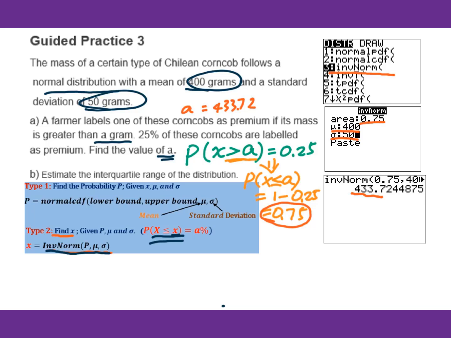For B, estimate the interquartile range of the distribution. Interquartile range means the third quartile minus the first quartile. That's the range.